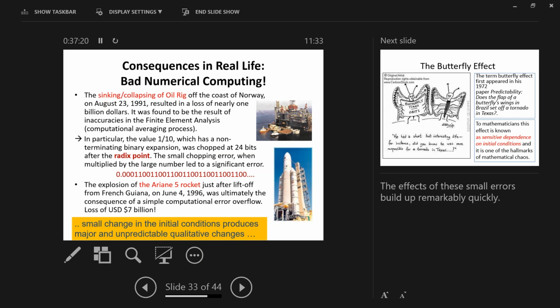The small chopping error multiplied by a large number led to significant error, and hence the collapse of that oil rig. Likewise, the Ariane 5 rocket in 1996, again not too far back, was ultimately the consequence of a simple computational error, an overflow. So, in other words, a small change in the initial conditions produces major and unpredictable qualitative changes.